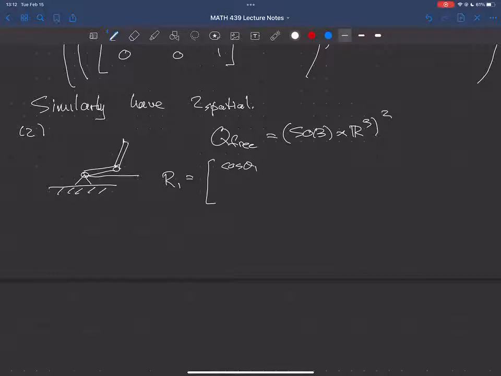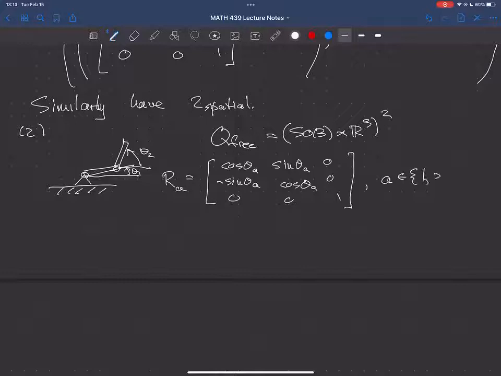And so we had this angle theta 1, and we had this angle theta 2. The capital R's look like this.